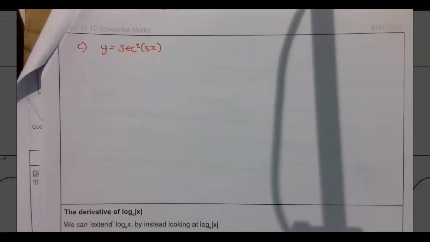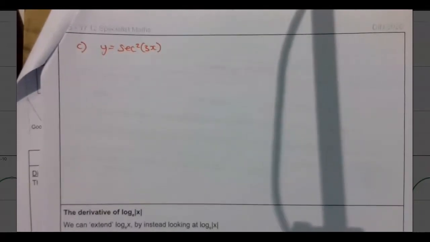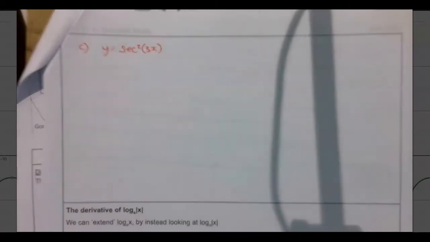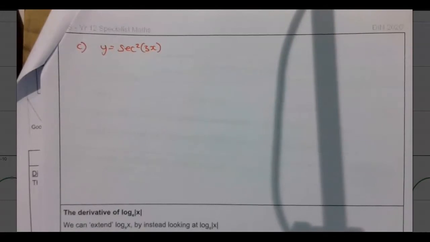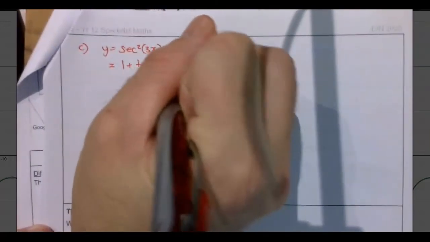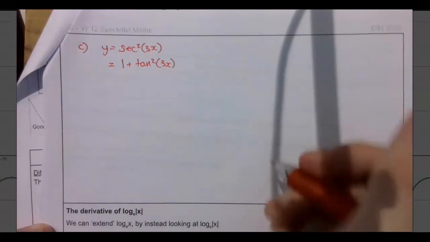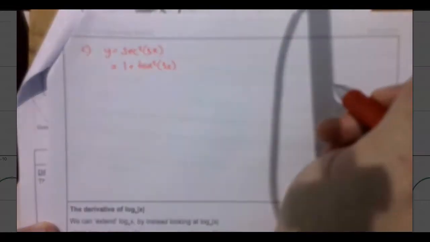There probably is a way through this where you use a quotient rule with 1 over cos and then you use the chain rule to square it. But a much easier way is to think that actually we know an identity which connects sec squared and tan squared. So I know that y equals 1 plus tan squared of 3x. And now I can use my known results and my block of 4 really easily.